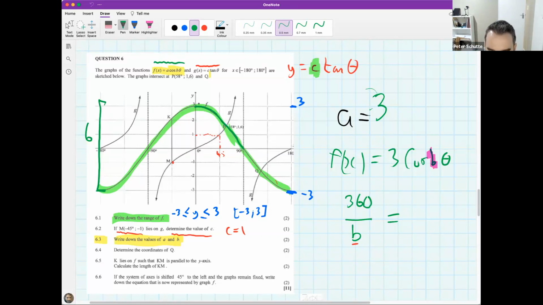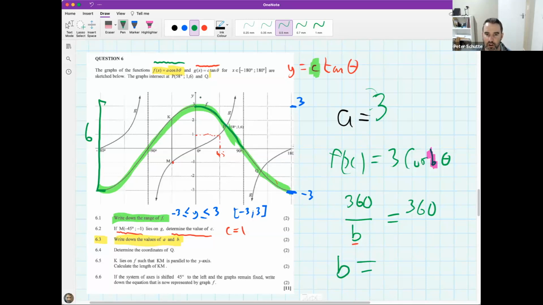It looks to me like it goes down in 90, and then down again in 90, down in 90, down in 90. So it looks to me like the period of the graph is still 360, because you can still get one full cycle in 360. So what is B going to have to be? Because think about it.